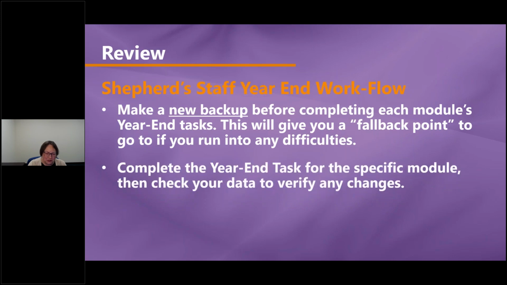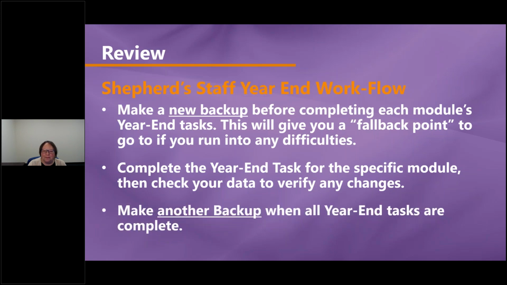Next thing is, once you complete that year-end task, verify the data, and if everything is good, take one more backup. It's always good to have a backup. When all of your year-end tasks are complete for each module, and once you've finished your last module, your finance module, take another backup then too.